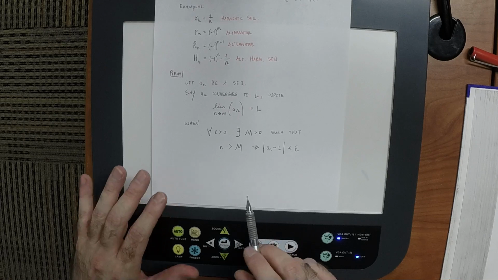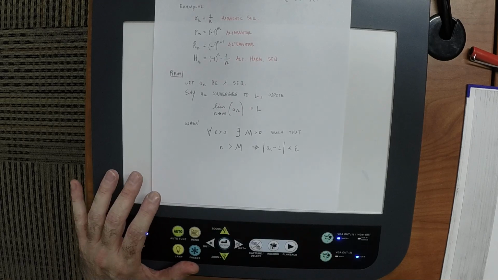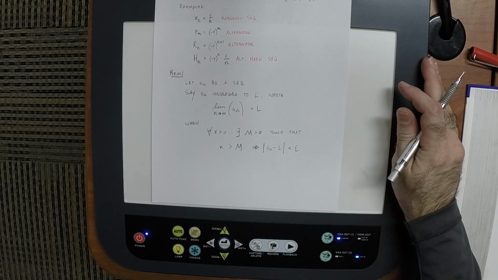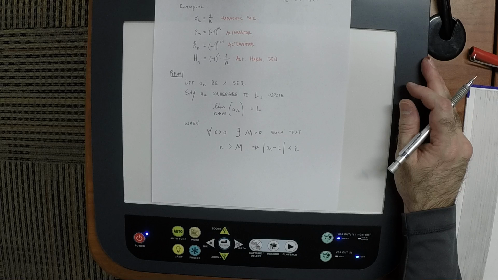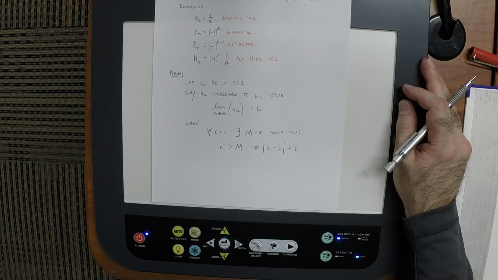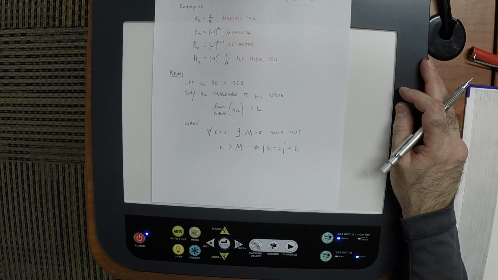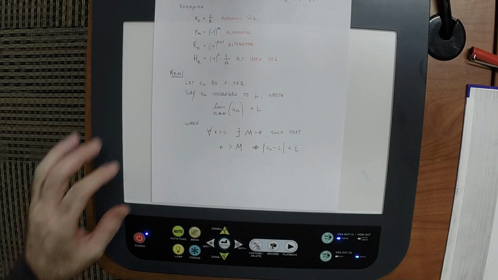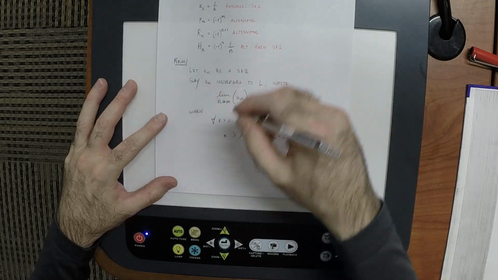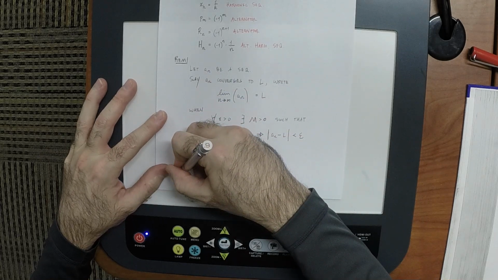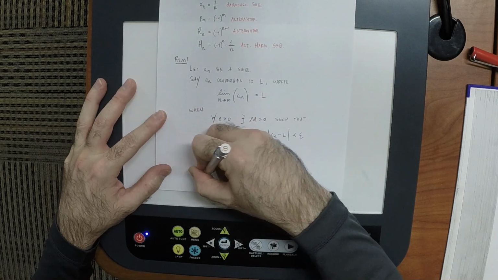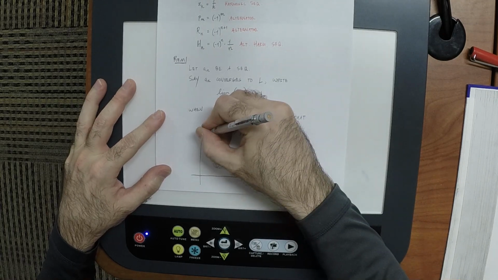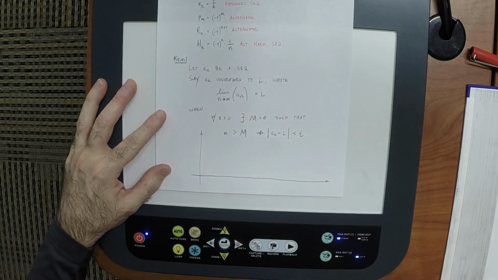So understand what this definition means. A sequence, when you plot it, is infinitely many points. They're disconnected, so it's not like a real-to-real function like a parabola, say. It's not a continuous or differentiable graph. They're isolated points. So what this definition is saying is, suppose we have some sequence.